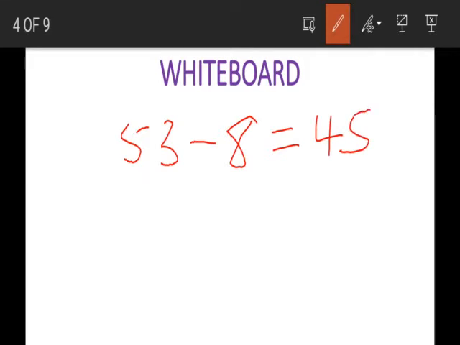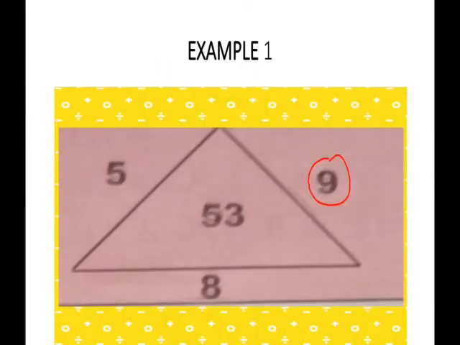Then the next step is 45 divided by 5. And that will give you 9. So, in summary, you first of all remove your 8 at the bottom, after which you do division.